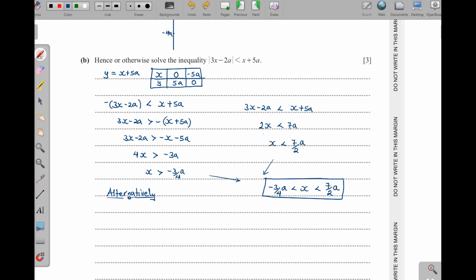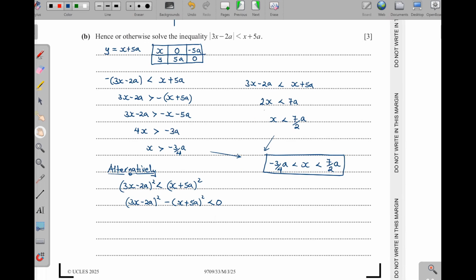So suppose we square both sides here, we shall get (3x minus 2a) squared less than (x plus 5a) squared. So bring everything this way, you'll get (3x minus 2a) squared minus (x plus 5a) squared less than 0.